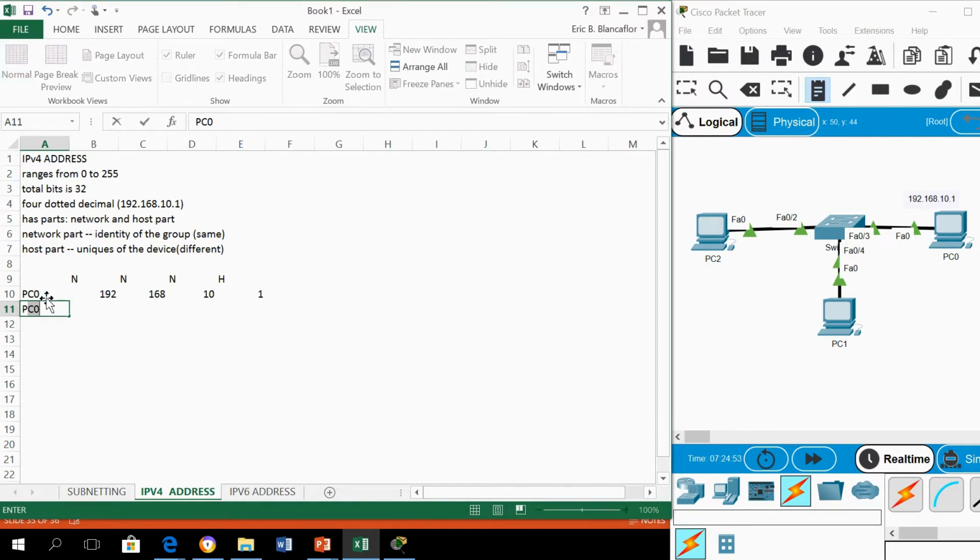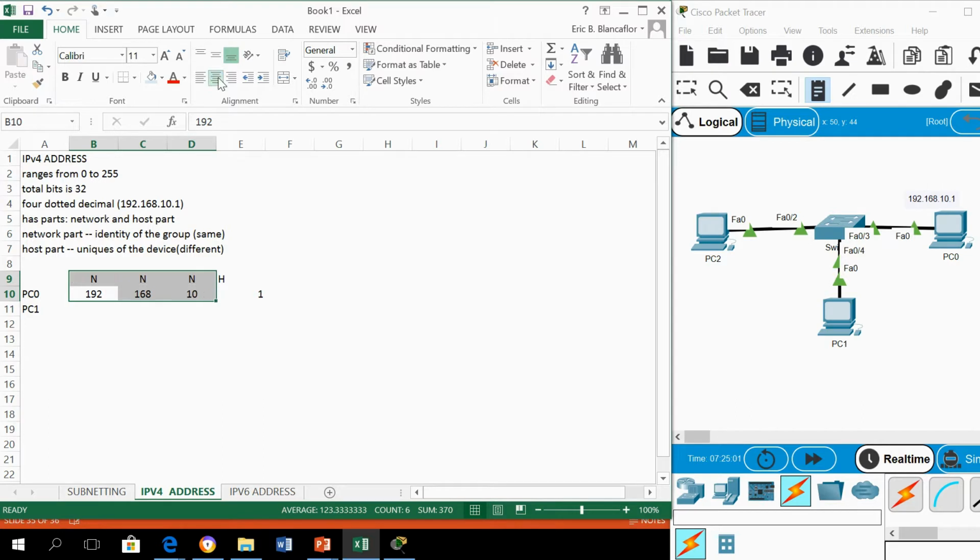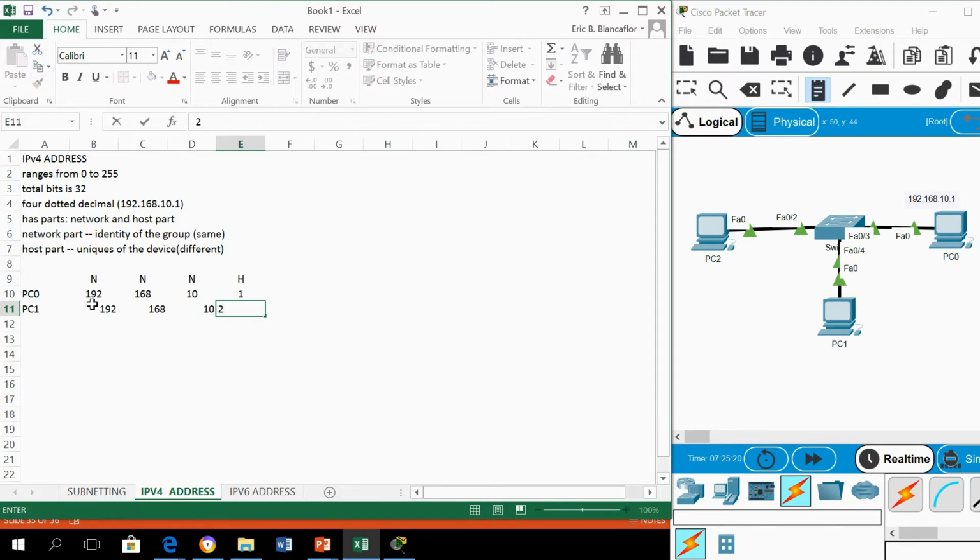If I were to assign an IP address to PC1, the network part should be the same, so it should be 192.168.10, and the host part should be different, say 2.